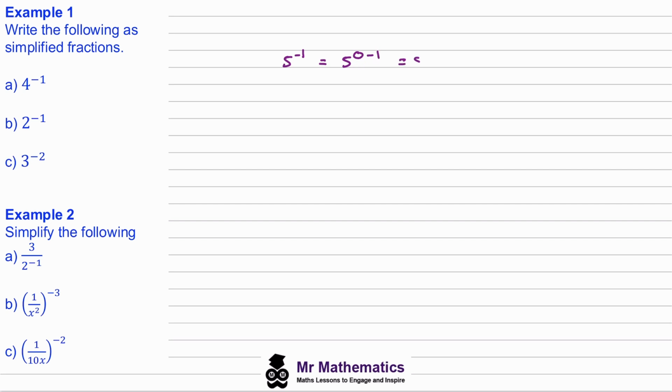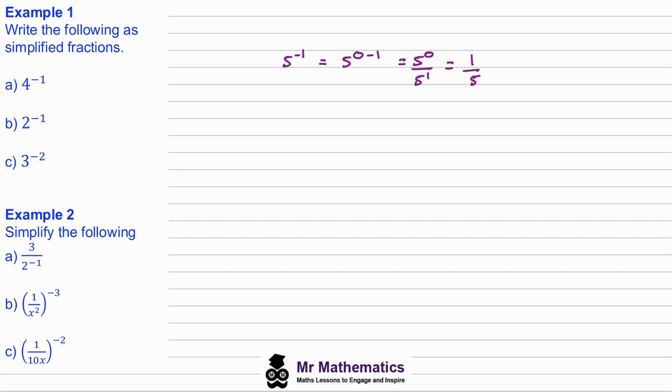This will give us 5 to the 0 divided by 5 to the 1, because when we apply the division rule, we subtract these powers. So I covered that in a previous video, and I'll leave a link to that in the description below. So 5 to the 0, and any base to the power of 0 will always be 1. So this will be 1 for our numerator divided by 5 for our denominator.